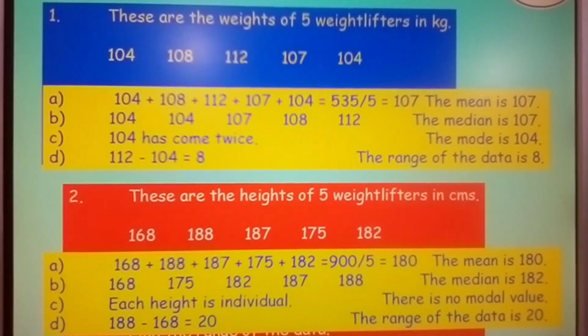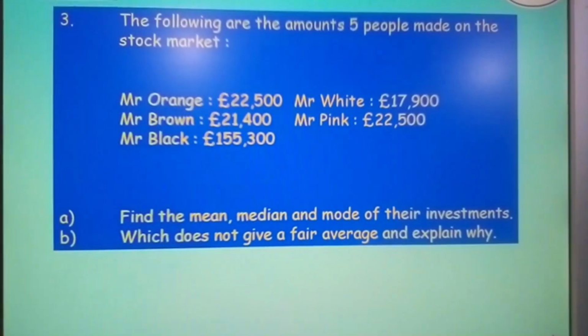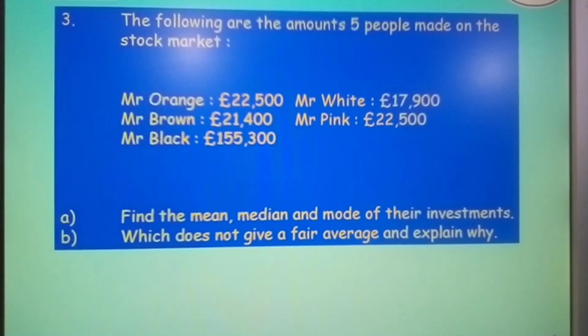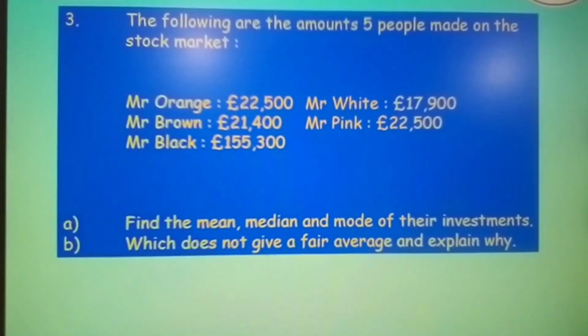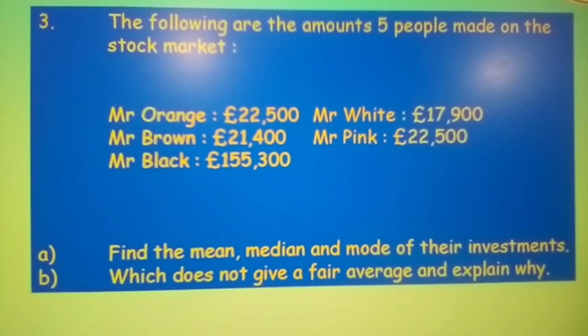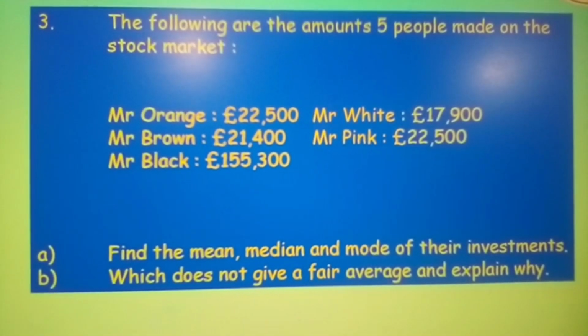So make sure that you have plenty of time to view it and see it. Well, this is just a question based on the amount 5 people made on the stock market.